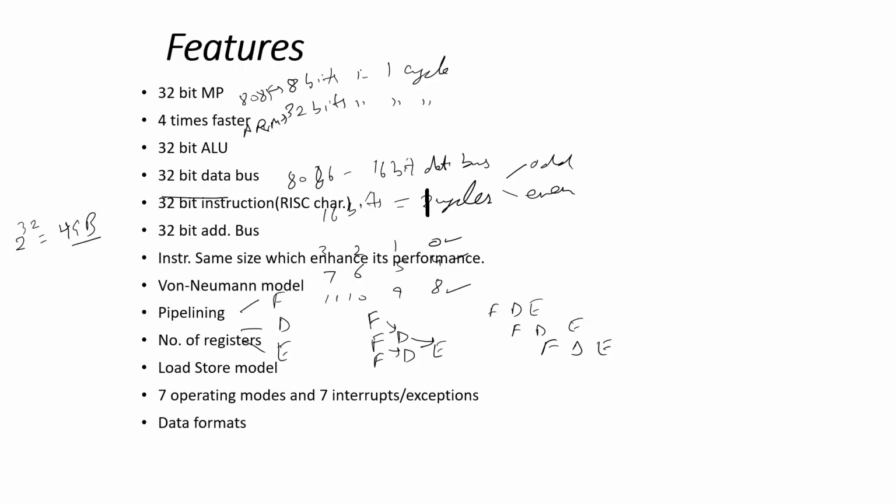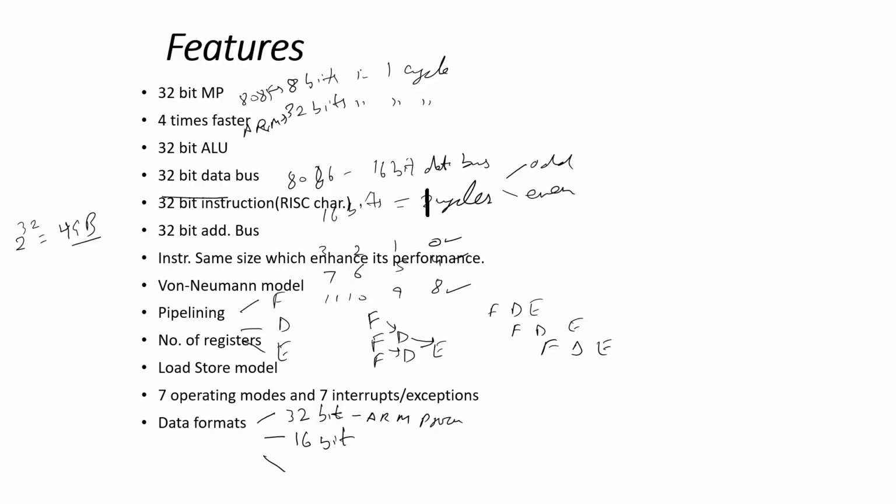Now the various data formats supported by the ARM. There are a total of three formats supported by the ARM processor. The first one is that it can perform 32-bit operations. Second, it can have a data format of 16-bit.